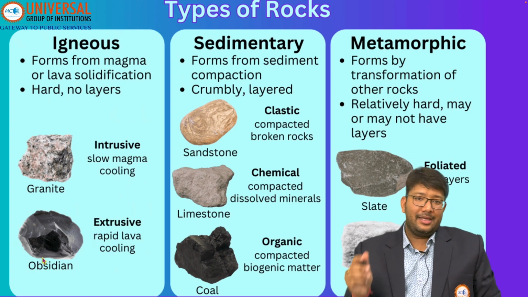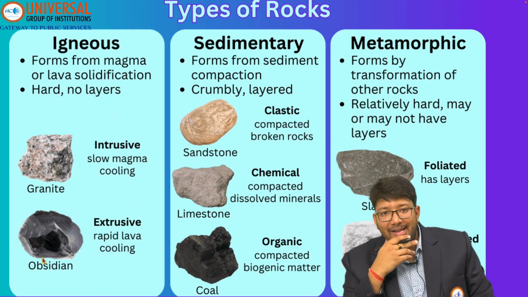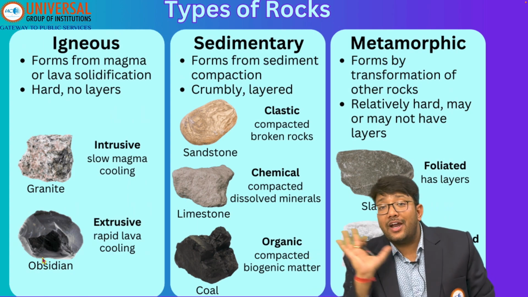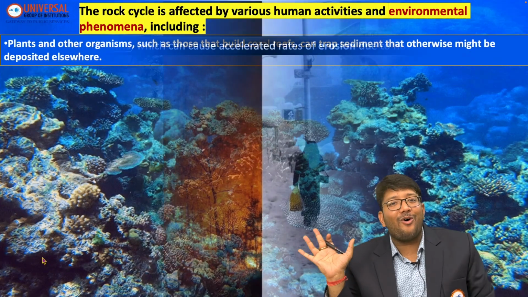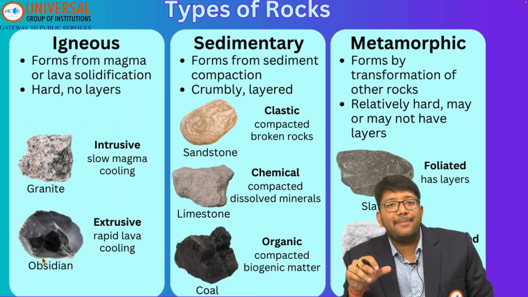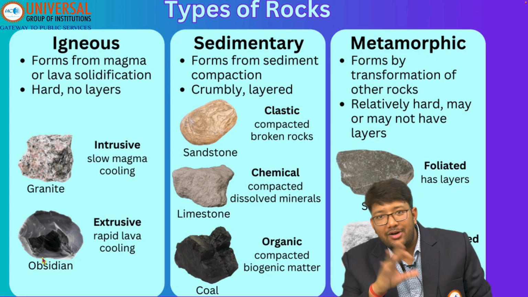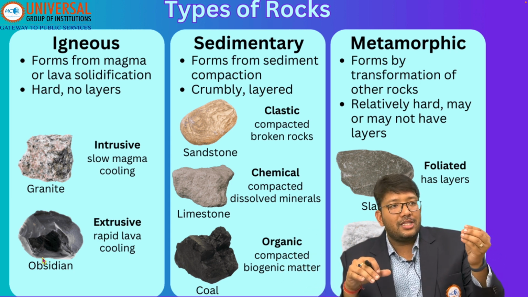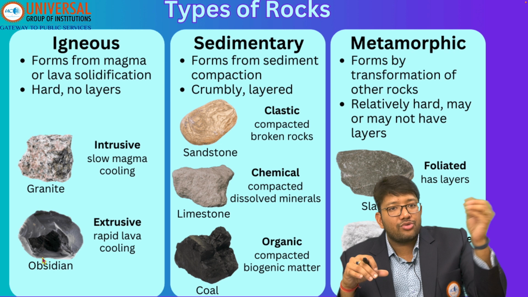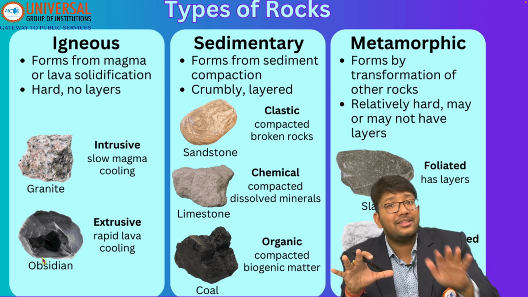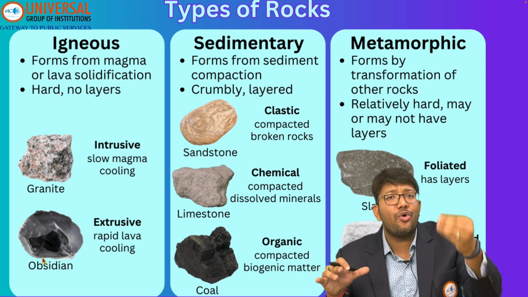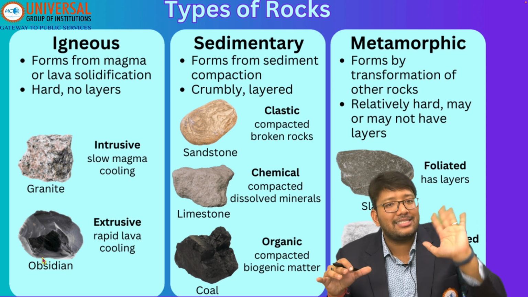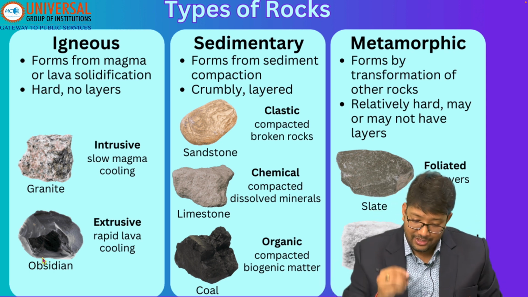Now we are at the end of our lecture. We talked about all these rocks. So what are the types of rocks? There are three types, I already told you: igneous, sedimentary and metamorphic. Igneous means the moment magma comes out, it will solidify. It will be hard, and there will be no layering because there was no time for layering.